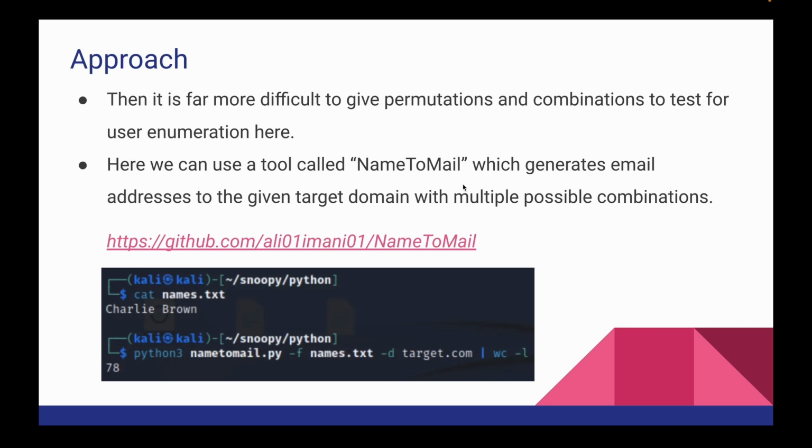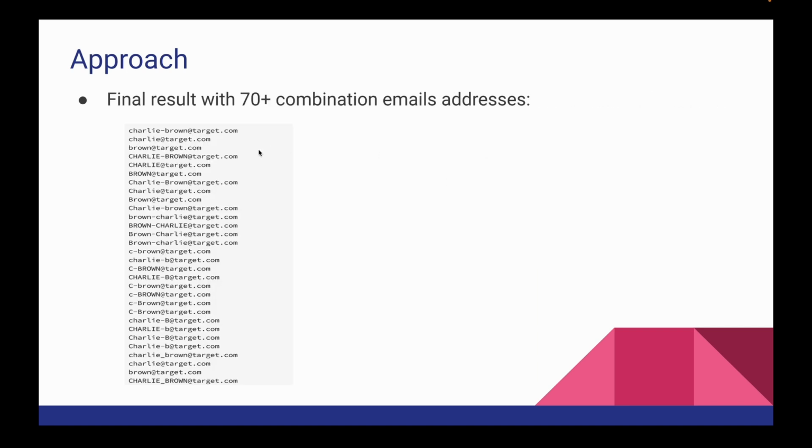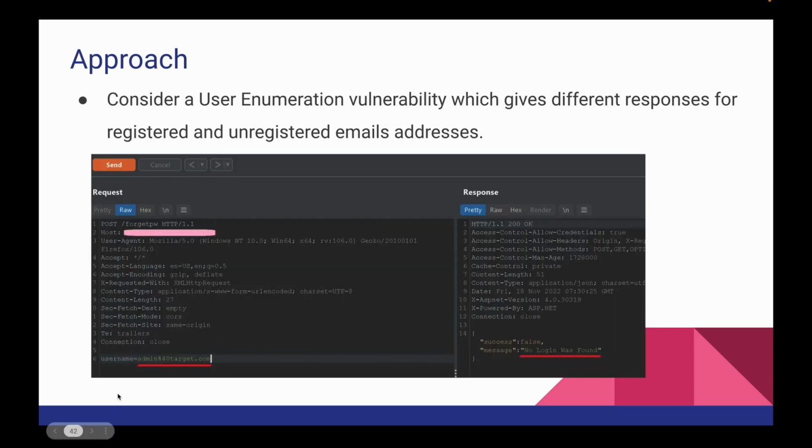So this is one good way to exploit the user enumeration vulnerability and show the impact to the program owners. These are all the various combinations the tool has generated, like Charlie.Brown@target.com, etc. You can copy all these combinations, paste them into Intruder, and brute force that username parameter.